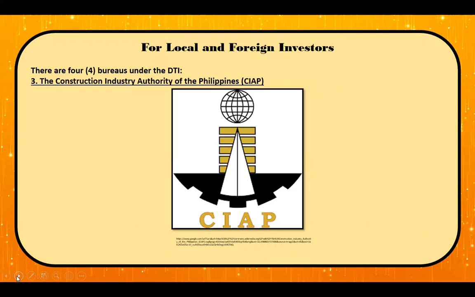And of course, it also includes the Construction Manpower Development Foundation, or CMDF. It is composed of the Philippine Contractors Accreditation Board, the Philippine Overseas Construction Board, and the Construction Industry Arbitration Commission. So it is in charge of the promotion and regulation of the construction sector.